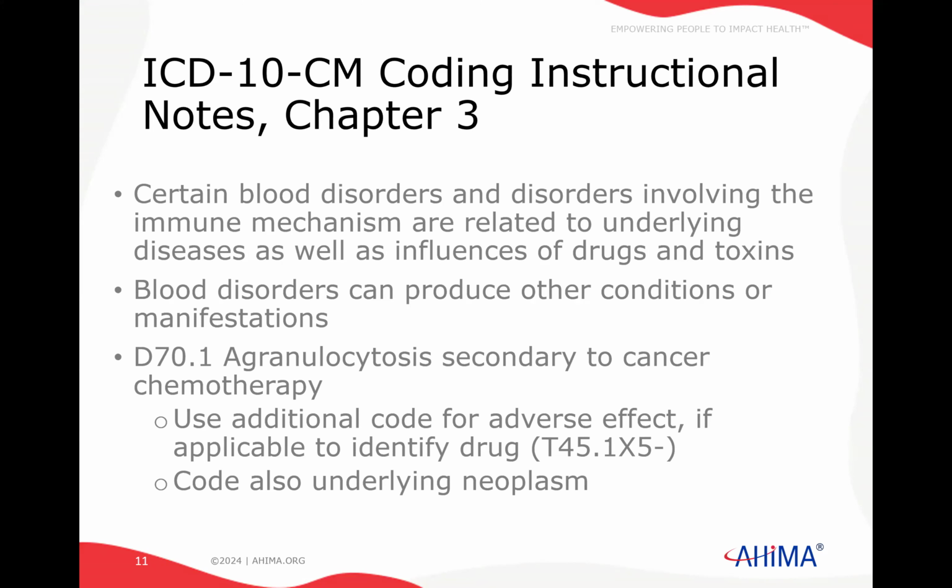And then, of course, the adverse effects. And then if the malignant neoplasm is causing the granulocytosis, we need to code that as well. And it kind of goes back to the general guideline that we want to code all conditions that affect the management of the patient at the encounter.